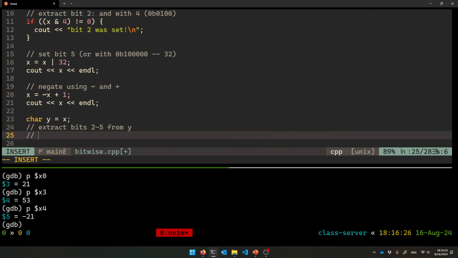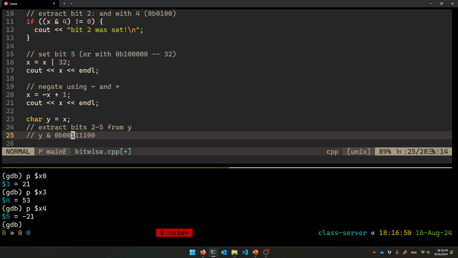We're going to AND, right? We're going to do y ANDed with this binary number with 0b, and here's a bunch of zeros. I want bits 2 through 5, so I'm going to AND with the number where bits 2 through 5 are set. So 1 there, 3, 4, 5, with that number. That's what's going to happen.